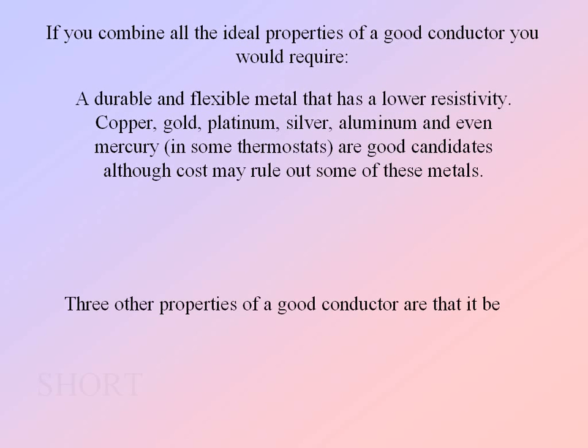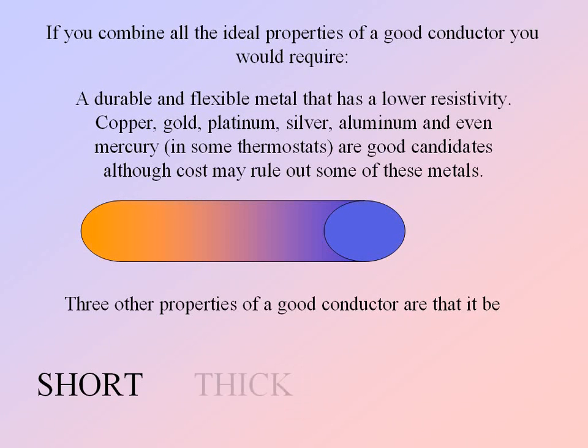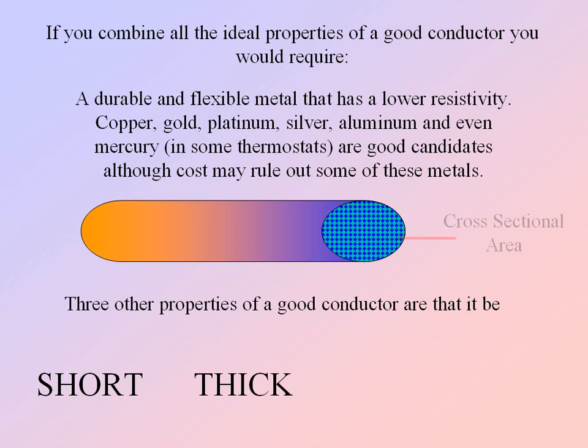Three other properties are that the conductor be short, thick, that is, have a large cross-sectional area, and it should also be a cool conductor. If the conductor heats up, the resistivity increases.